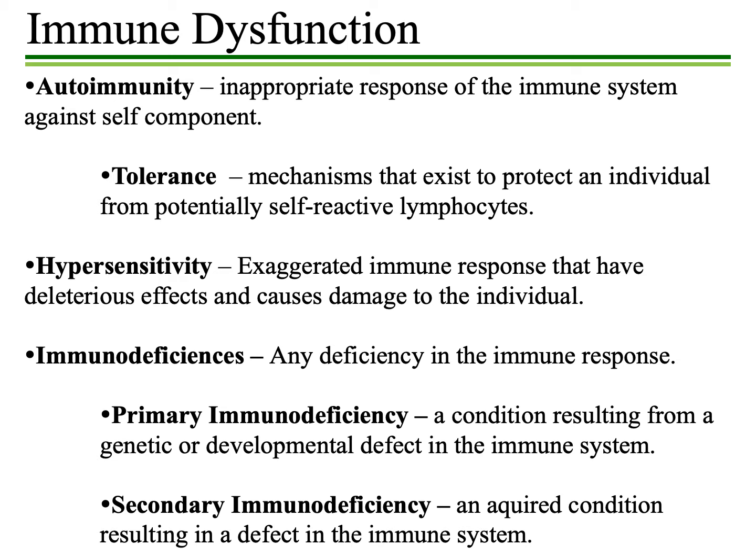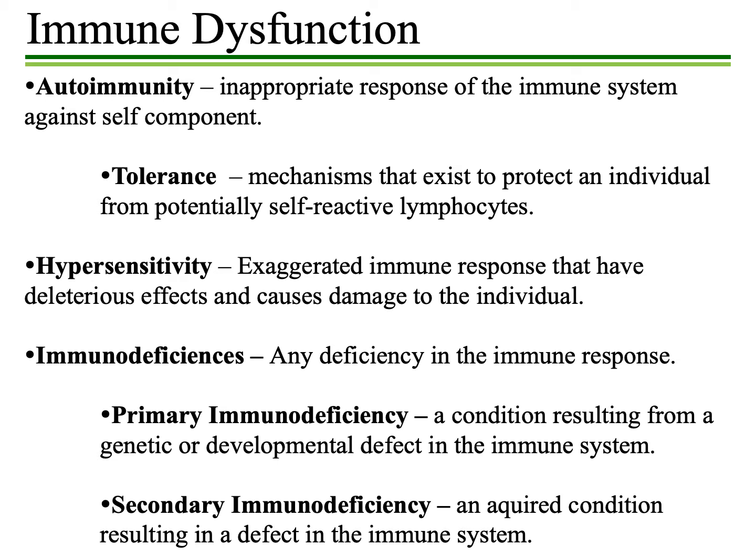The second lecture focused on autoimmunity, and autoimmunity is an inappropriate response of the immune system against self-components. Here too we have a recognition problem. Self-antigens are recognized as a potential threat, and as such an immune response is elicited.